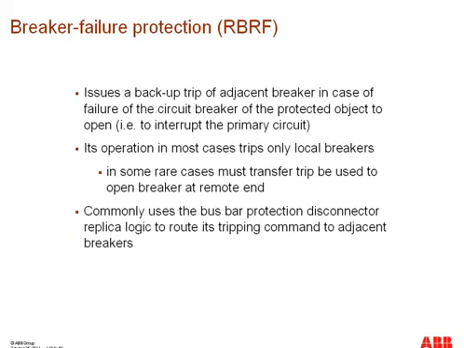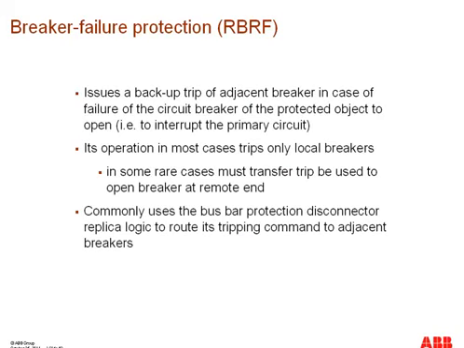Yet another type of protection is the breaker failure protection, and it has the same protection scheme as that of any other breaker failure protection scheme. First of all, when the primary breaker doesn't operate due to any fault or any problem, then this breaker failure protection comes into action, and it gives a retrip signal to the same breaker once again.